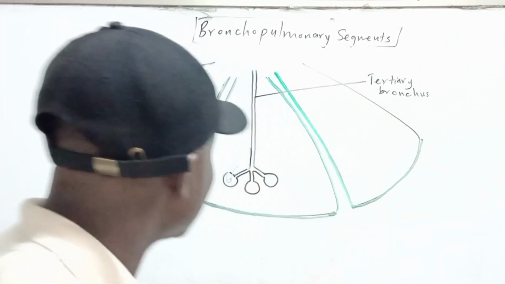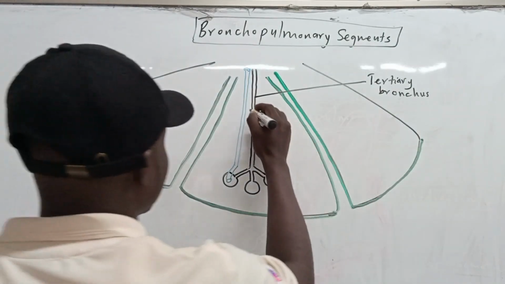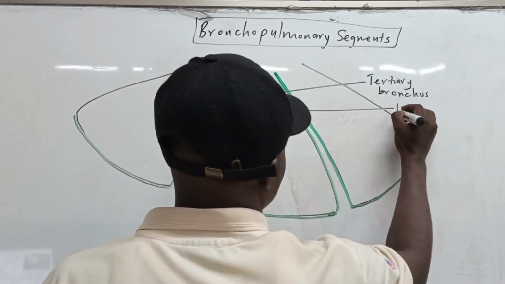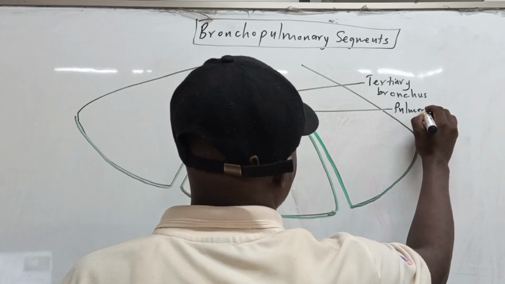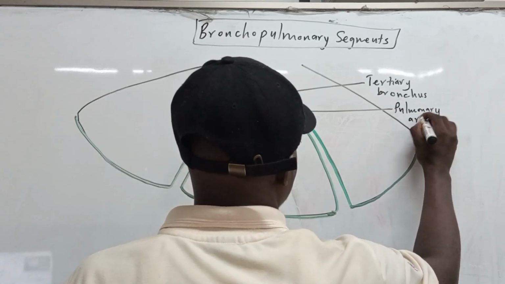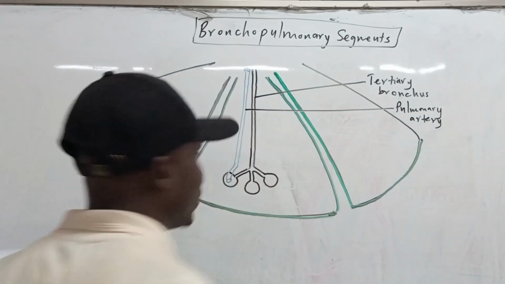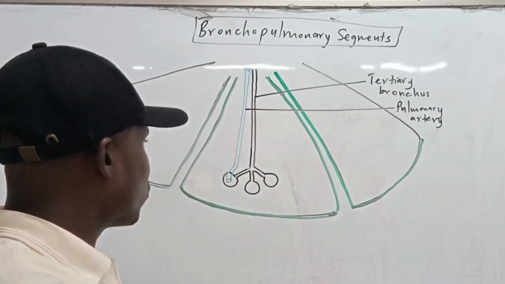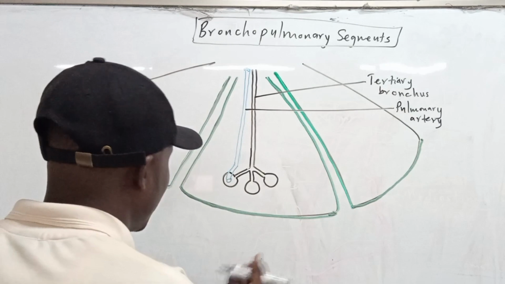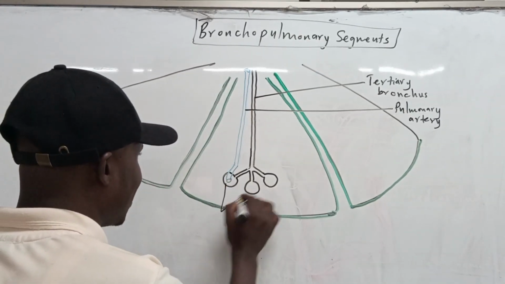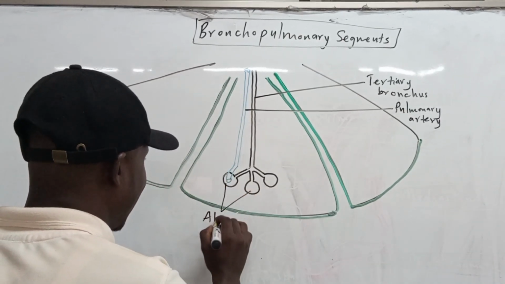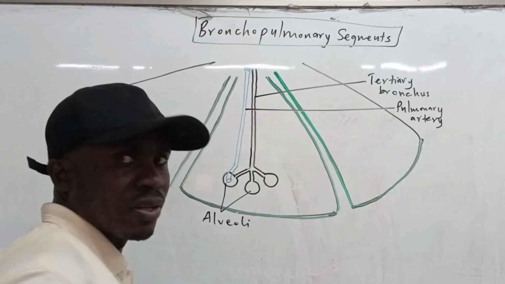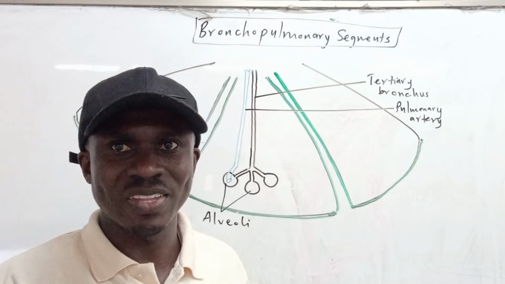This is the pulmonary artery, let me put it down. Whenever we say pulmonary, it has to do with the lung. So it's going to the level of the alveoli. That is what we see.